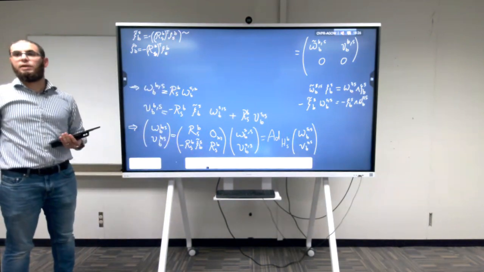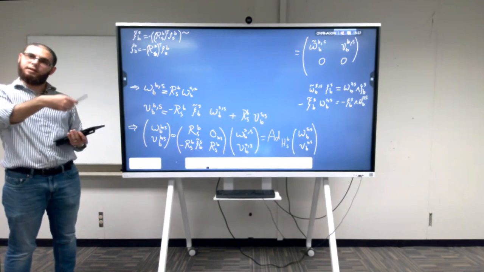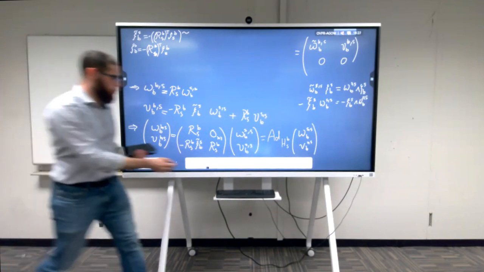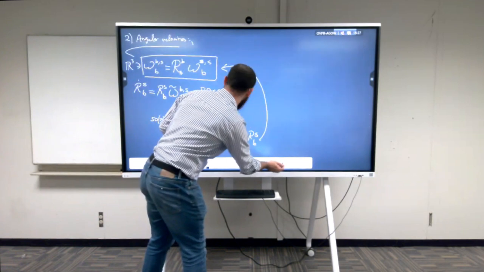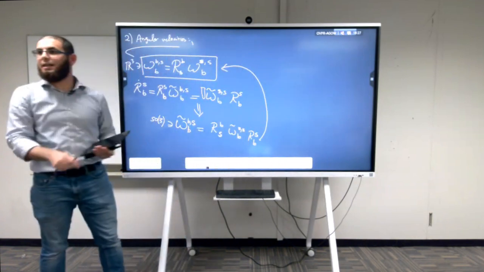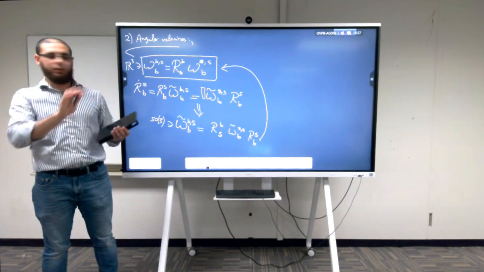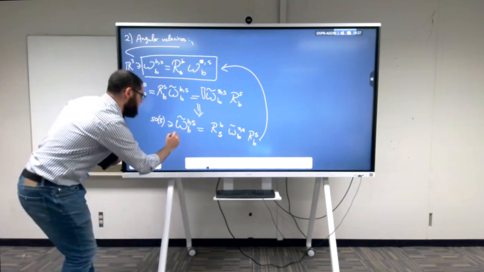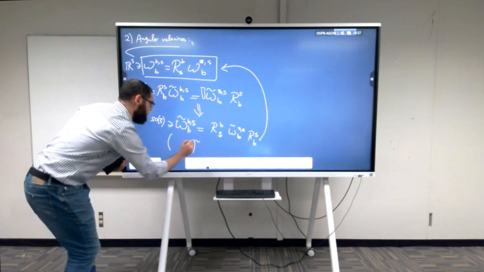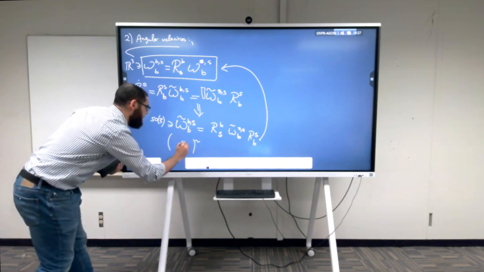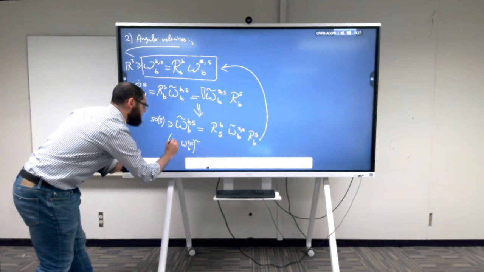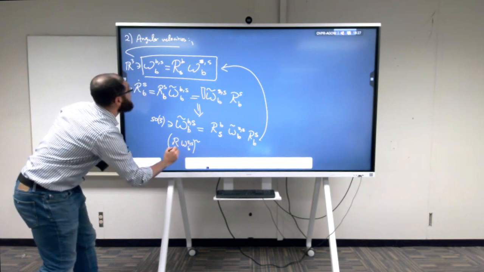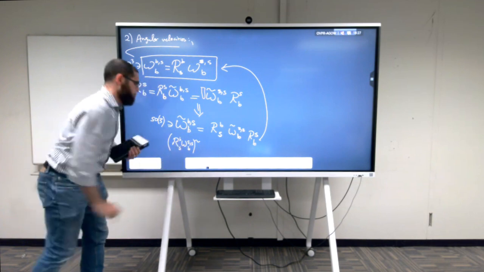There is a very nice property, and it's the same property that you're going to be using in the homework to prove this part. So this is a proposition, separately, that this guy here, the tilde form of omega, is R_SB applied to it.